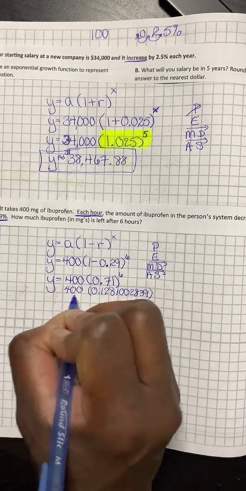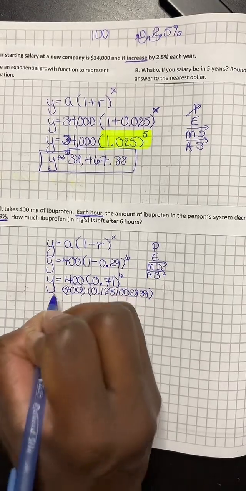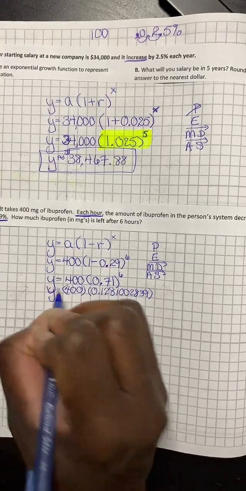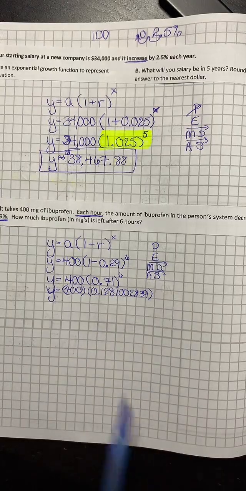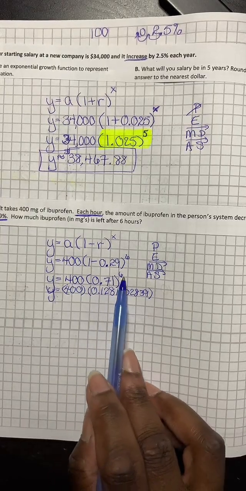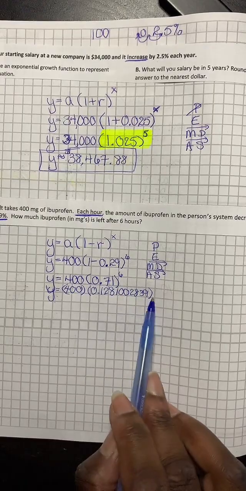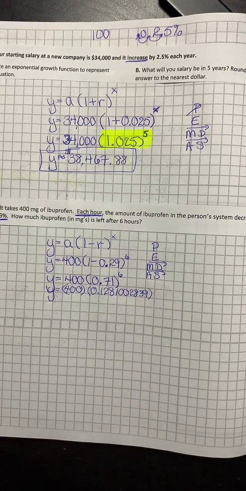That's what you should have gotten roughly before you multiply by the 400. So when I take my 0.71 to the 6th power, it gave me something like this.